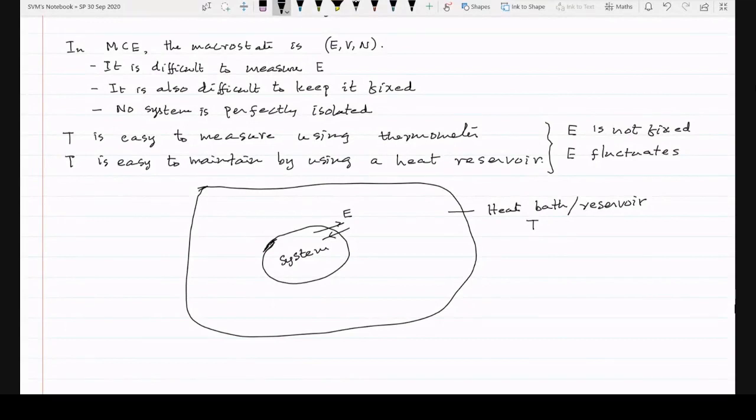Now, by definition, a heat bath or reservoir is such that it has infinite heat capacity. What does it mean?